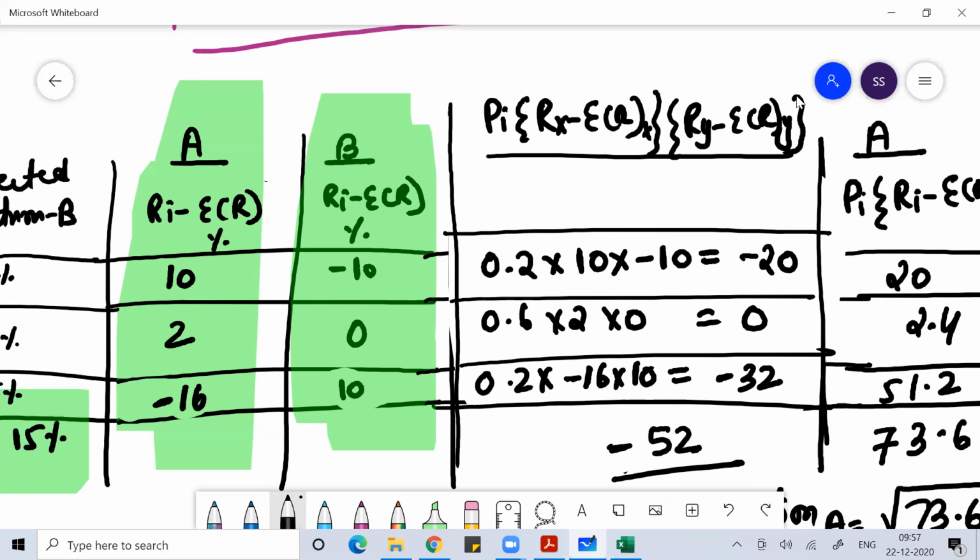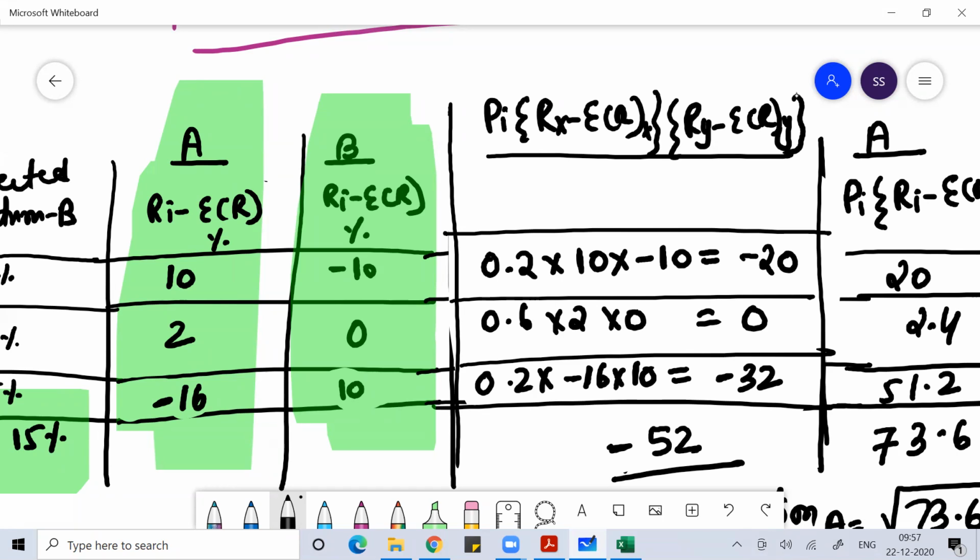Is this clear, everyone? Any mistake? Any question you want to ask?